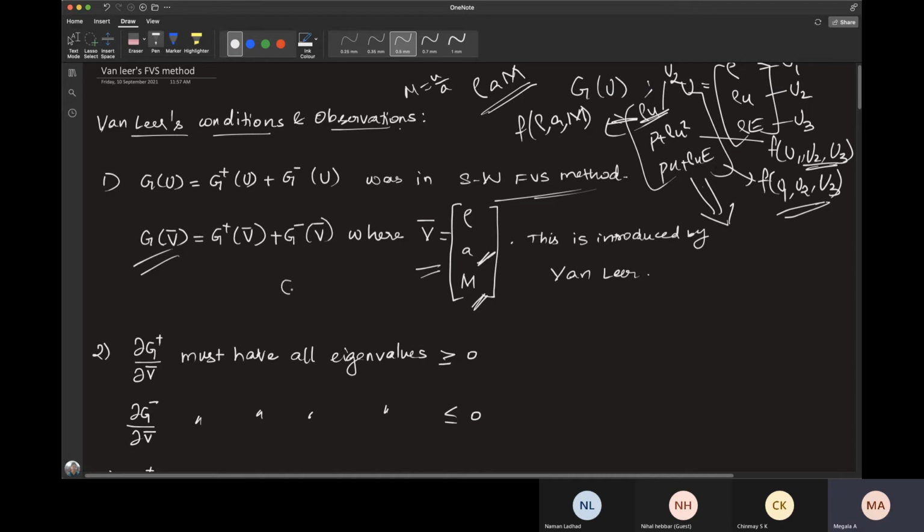So his first element is rho a M instead of rho u. Both are actually the same, just the way he writes is different. He writes them in terms of rho, a and M, because he wants them to be continuous functions of these quantities, essentially Mach number.